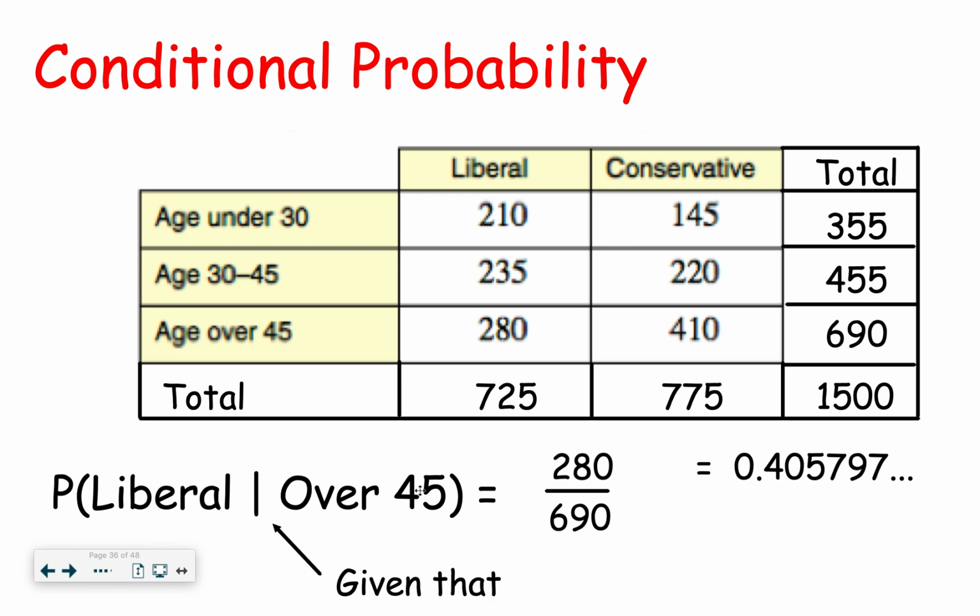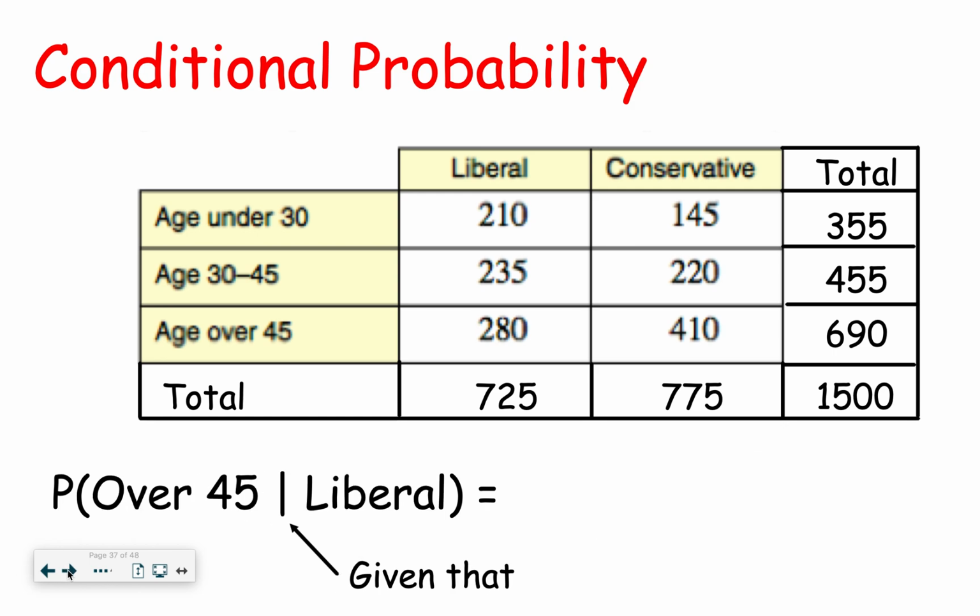But now I'm not dividing by the 1500, I'm only dividing by the condition that it's based on. And it's conditional that I'm over 45. So the total of the over 45s, if I go to the end of that column, is the 690. So be careful with that condition, right? That's true conditional probability.